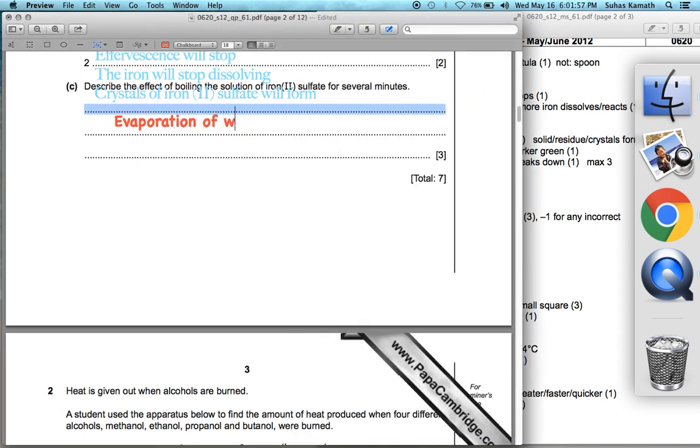Evaporation of water and color becomes darker to be mentioned.